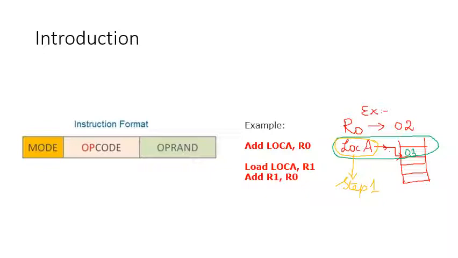So the processor first fetches the instruction from the memory. Then it fetches the operand. Operand is nothing but the data.